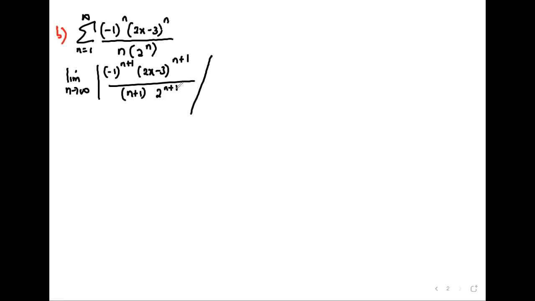Then we divide by negative 1 to the n, (2x minus 3) to the n over n 2 to the power n, like that. And what we get, so we have the limit as n goes to infinity. The negatives in the absolute go away.